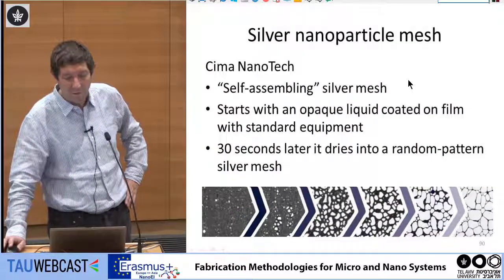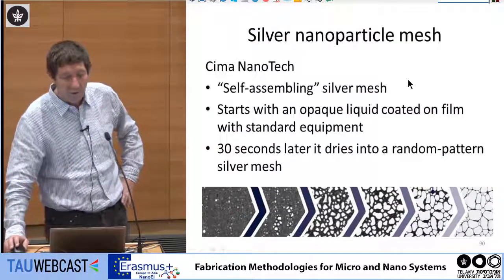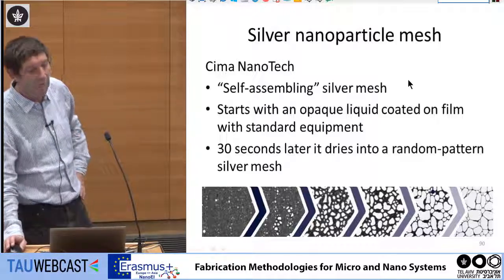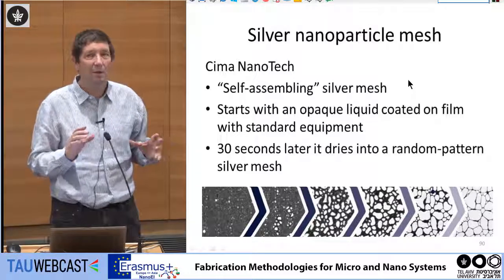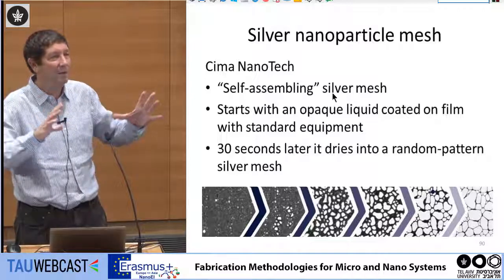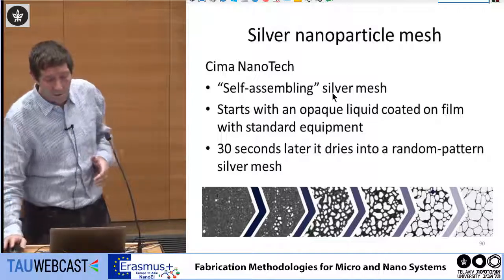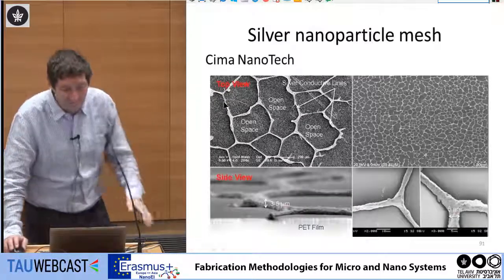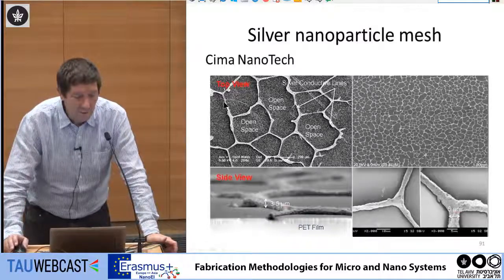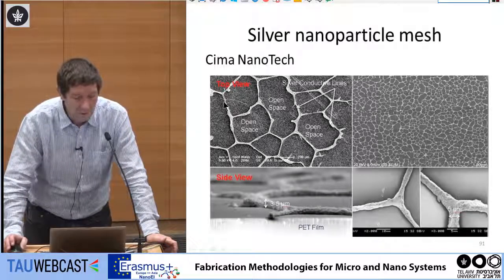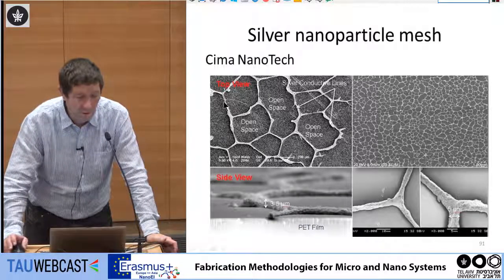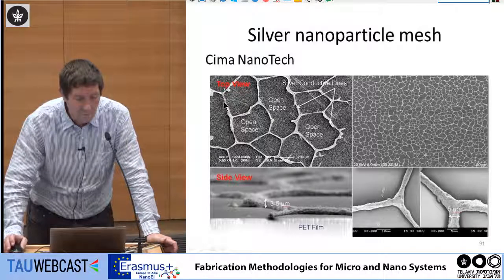The second one is the nanoparticle mesh, and this is called a self-assembling method. You take nanoparticles and mix them with liquid, and then they self-assemble. In this specific design, they self-assemble into wires, and the wires are all connected. So this film is conducting because the current can flow through the wires, but most of the area is open.